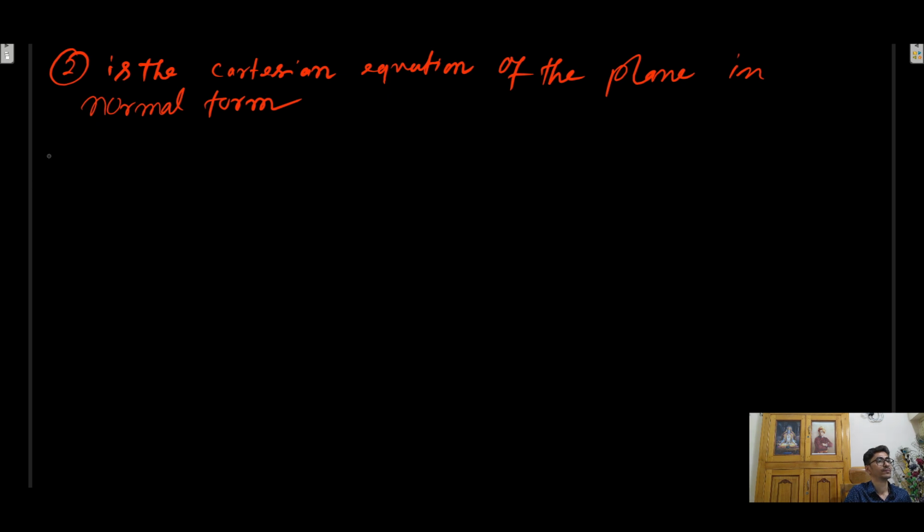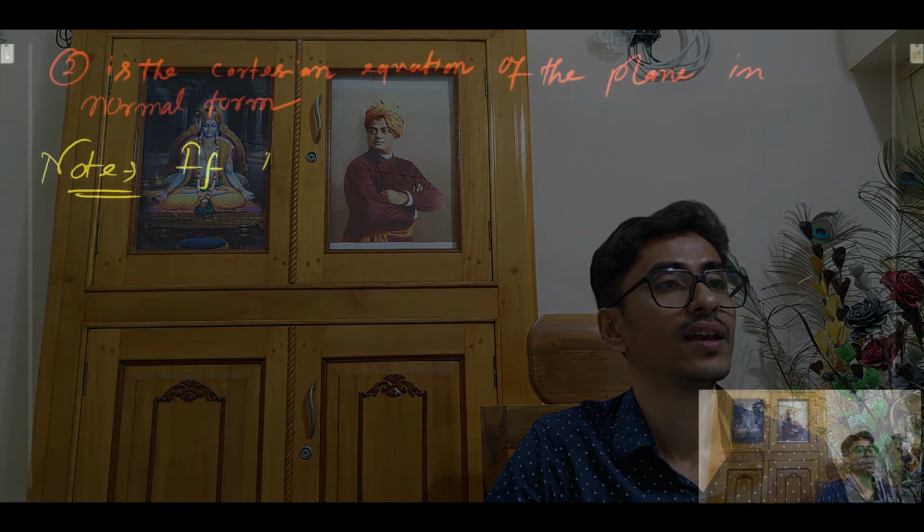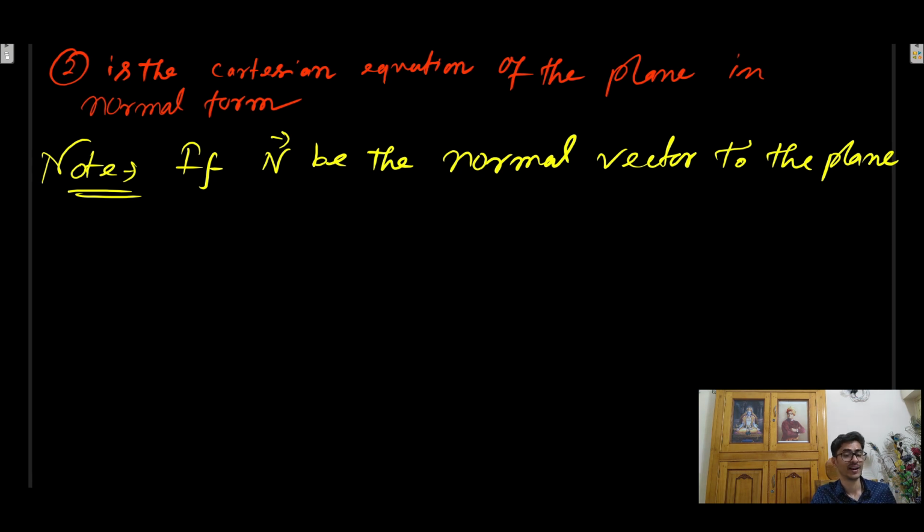Now note, if instead of a unit vector, n vector is the normal vector to the plane, then what will be the equation of the plane? Previously we considered a unit vector normal to the plane, but here we are considering a normal vector to the plane, not a unit vector.